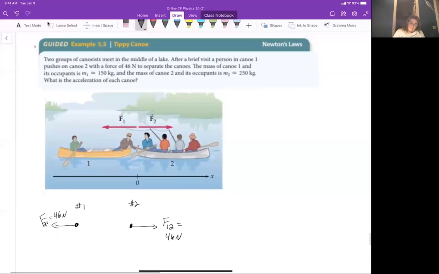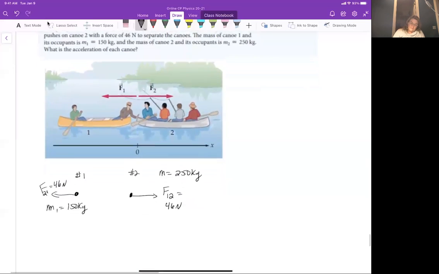And they tell me that the mass of canoe 2 is equal to 250 kilograms. And they tell me the mass of canoe 1 is equal to 150 kilograms. What are they asking for? They want to know the acceleration of this one, and they want to know the acceleration of that one. Well, force equals mass times acceleration.